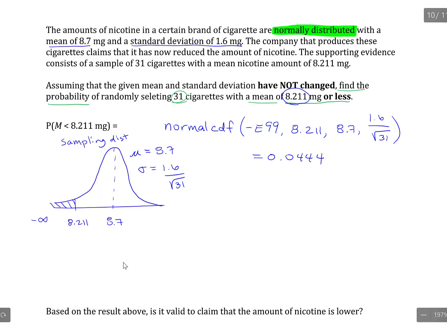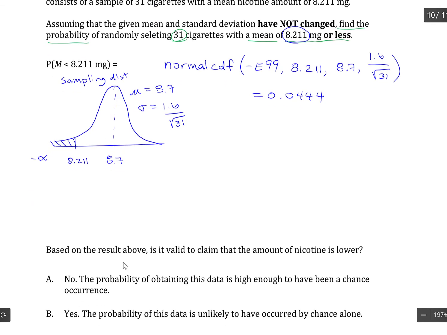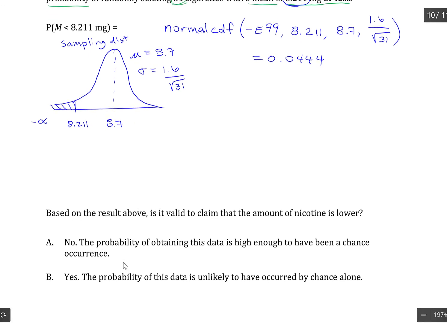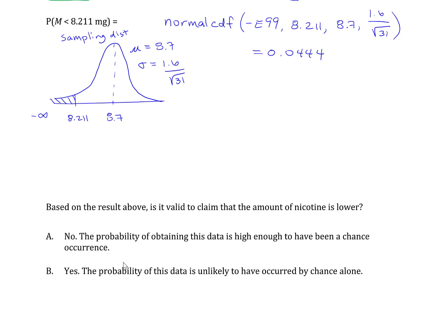Okay, now the next part of this question says, based on the result above, is it valid to claim that the amount of nicotine is lower? The probability that we find 31 cigarettes that have this amount of nicotine or less is really small. So if we did find this, then something is happening that probably shouldn't happen because it has such a low probability.